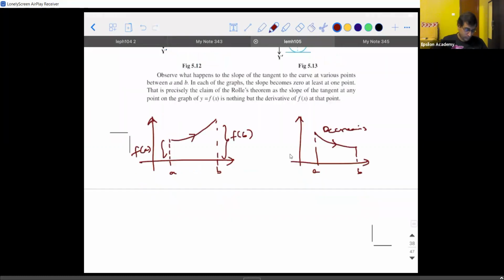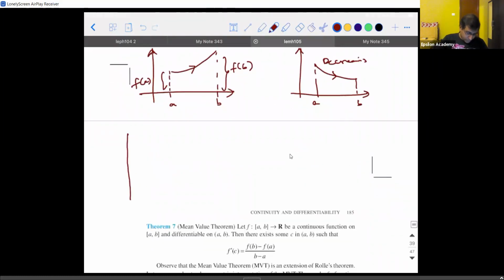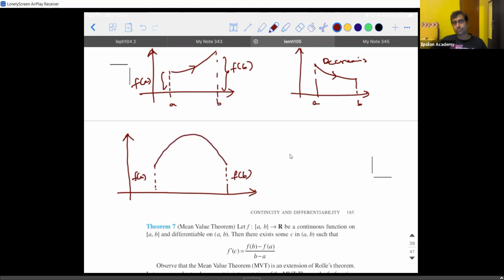Now, for Rolle's theorem to be applied, since f of a should be equal to f of b, let me draw this. If the curve goes up, it should be ensured that it comes down. In a similar way, with f of a and f of b, if the curve goes down, it should be ensured that it comes up.